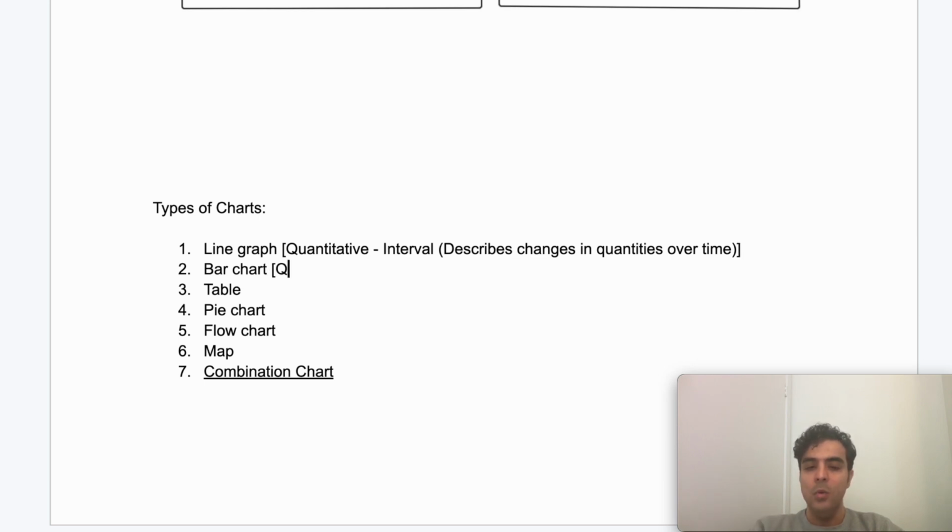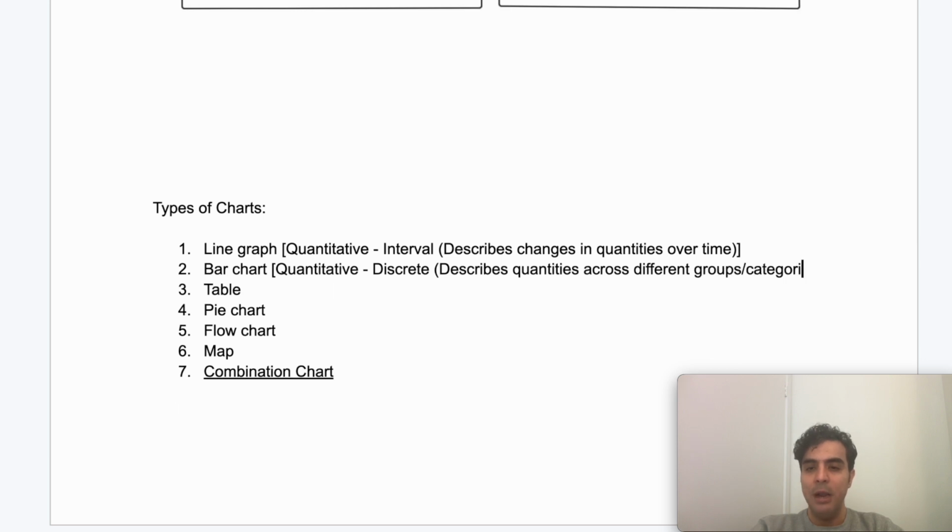So the bar chart, once again, it was quantitative in nature, but the difference was that this time the data seemed to be discrete, meaning it doesn't describe changes over time, but describes quantities across different groups or categories.